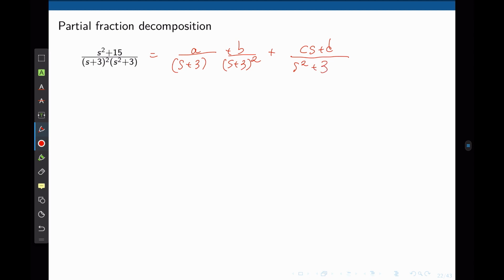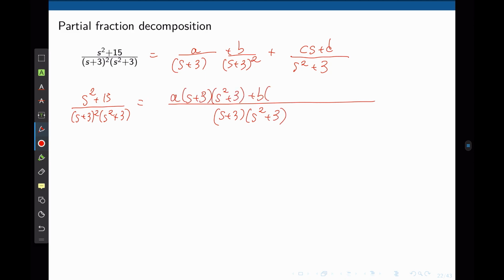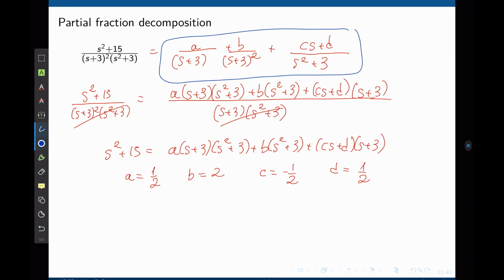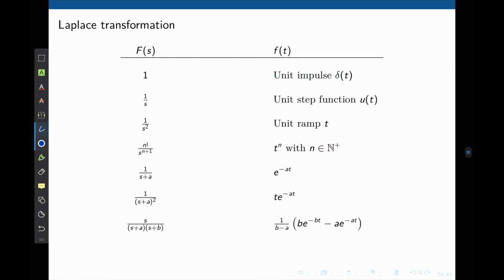We can again find a common denominator. And you can now form a system of 4 equations and solve for A, B, C, and D. With these values, we can now find each of these terms in a table of Laplace transforms and solve for the inverse Laplace. In this table, we have a few more transformations that can be useful. I recommend you find a good table of Laplace transforms and stay with it until the end of the course so that you get familiar with the table.